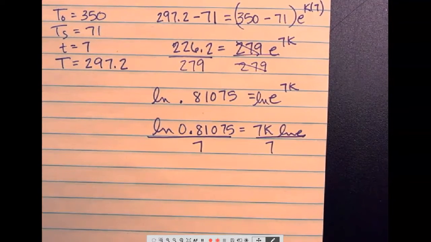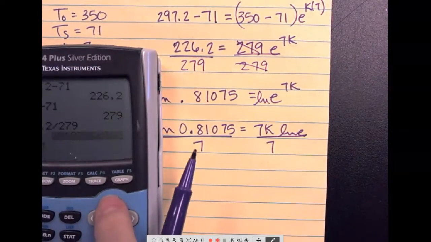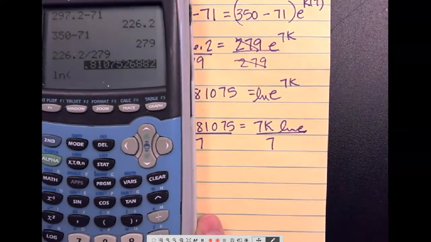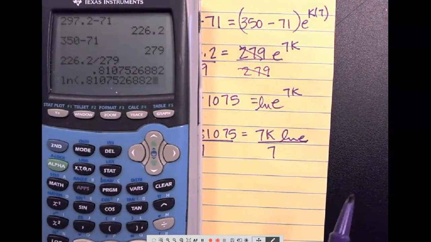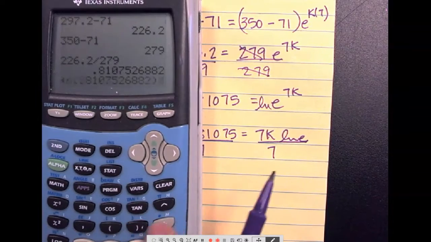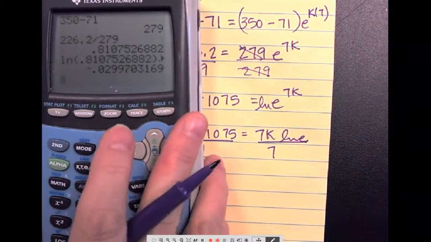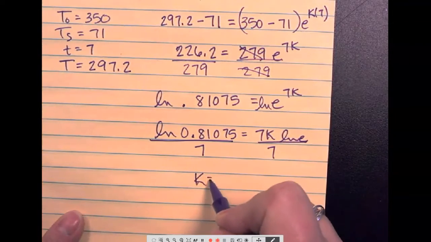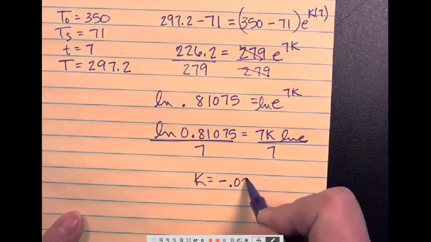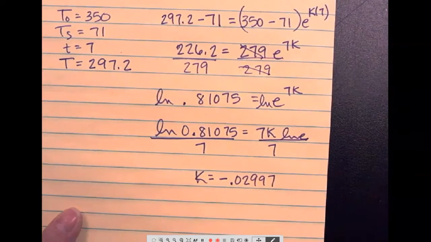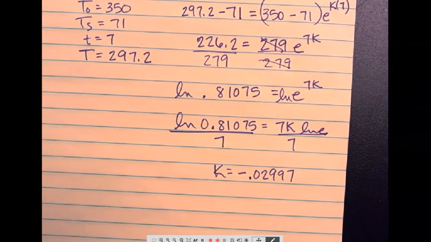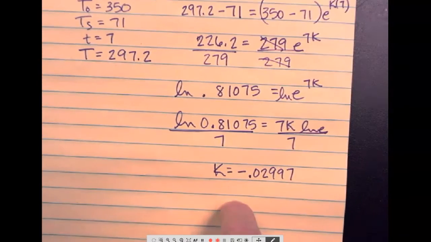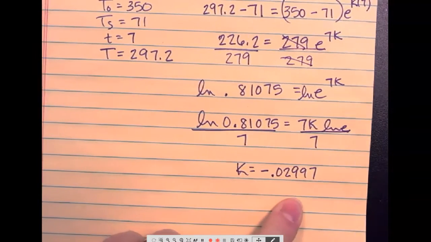And let's see what we get. Natural log of that number divided by 7. Negative 0.02997.